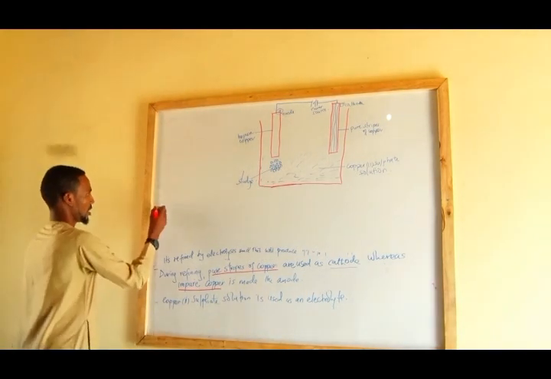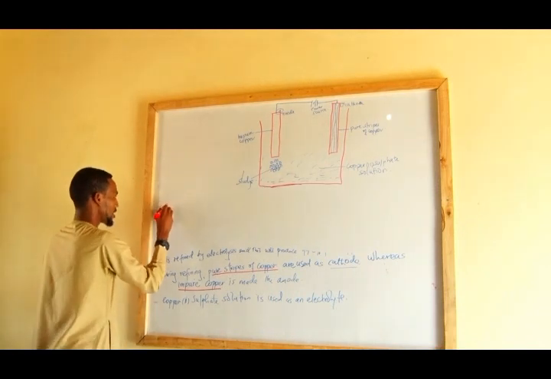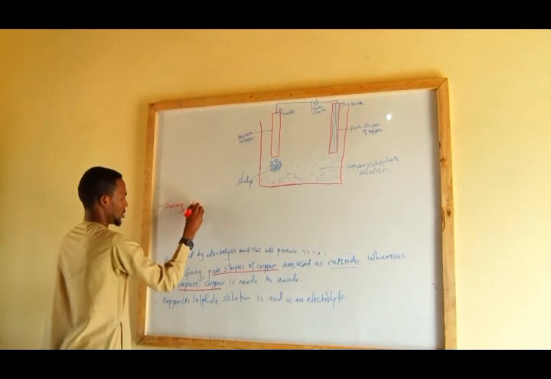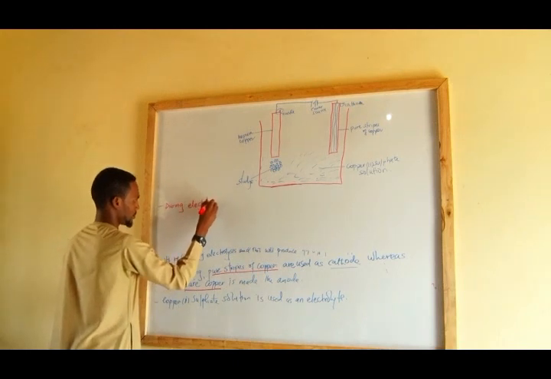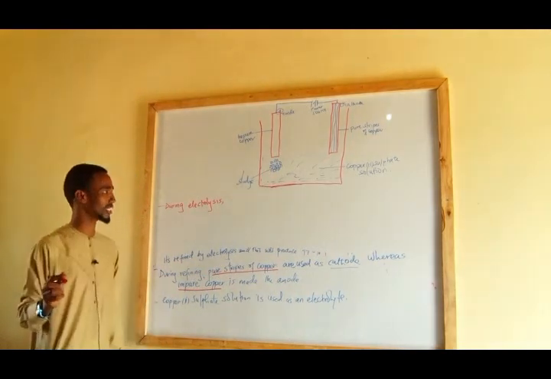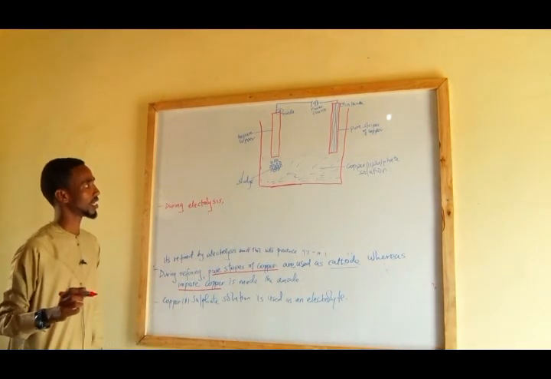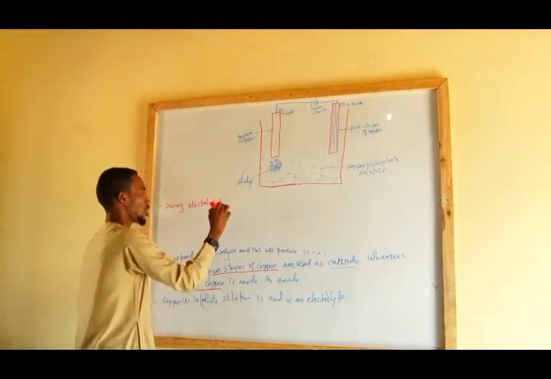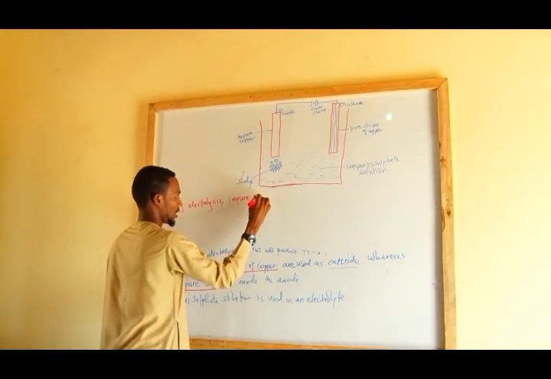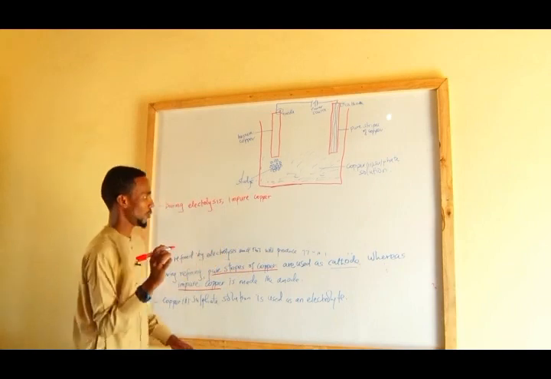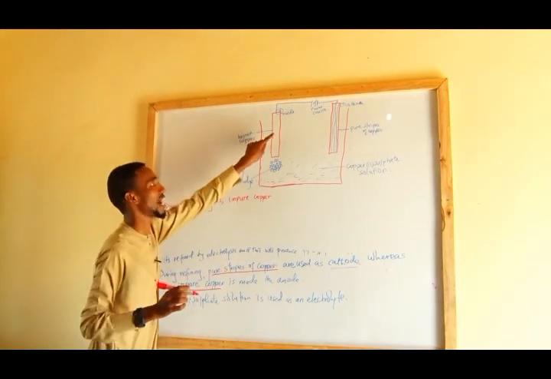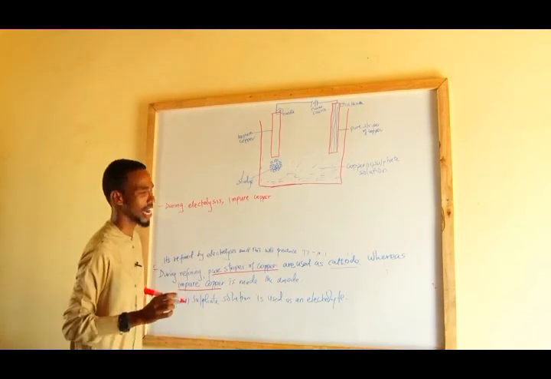So let's continue. Now, during electrolysis, where is our impure copper? Our impure copper is acting as our anode.